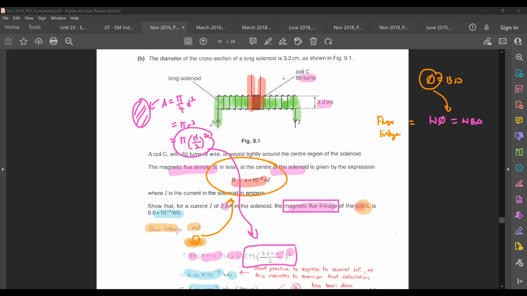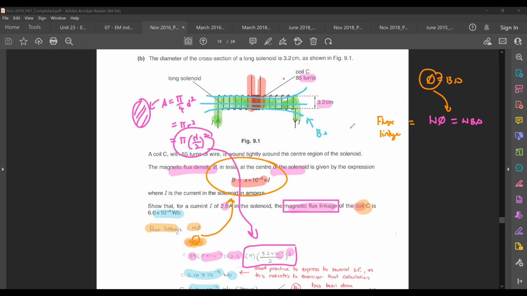All right. When your current is flowing through your solenoid, the current flowing through the solenoid will produce its own magnetic field. You will have its own magnetic flux that probably looks like this.